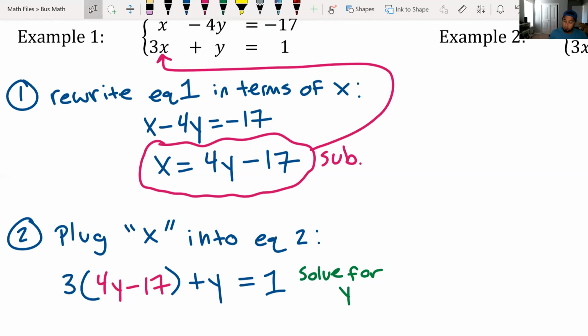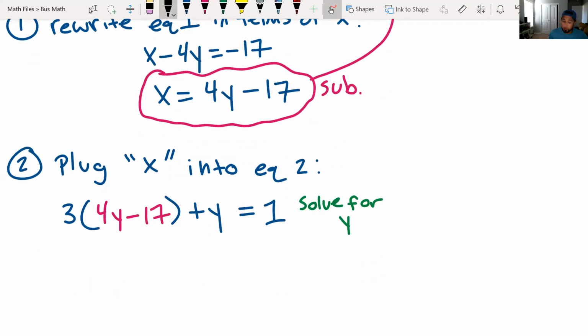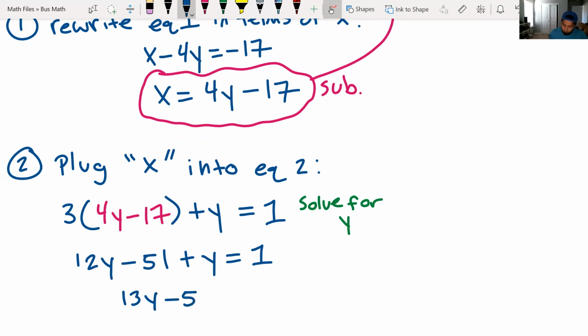Okay. Distribute the 3. 12y minus 51 plus y equal to 1. And then combine like terms. 12y and y make 13y minus 51 equal to 1.